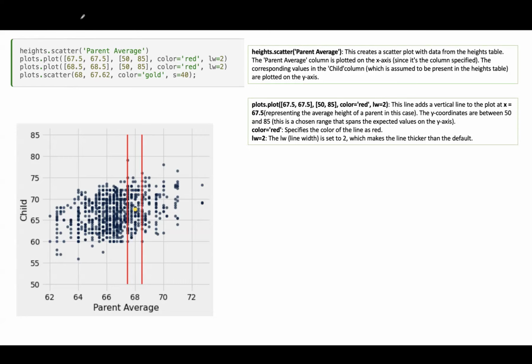Some more specification for the plot and what's the meaning of 67.5. This line adds a vertical line to the plot at x equals 67. So if you just look at this point, this is 67.5.